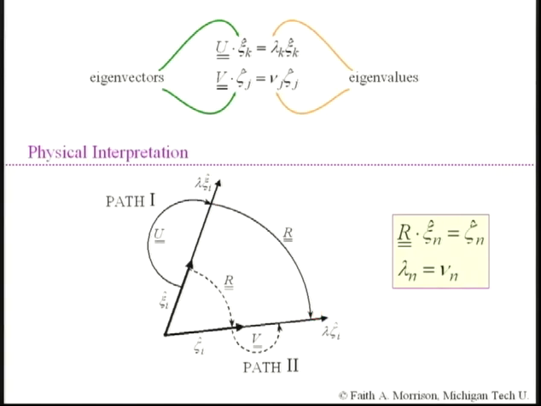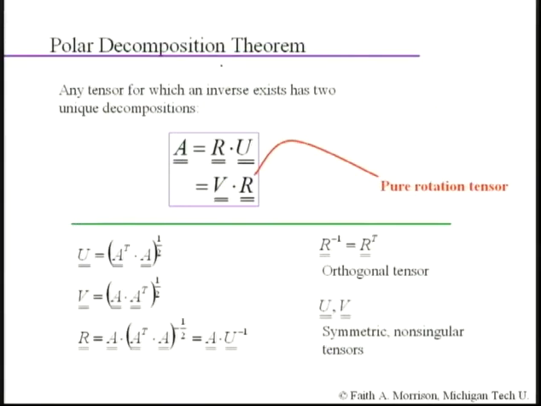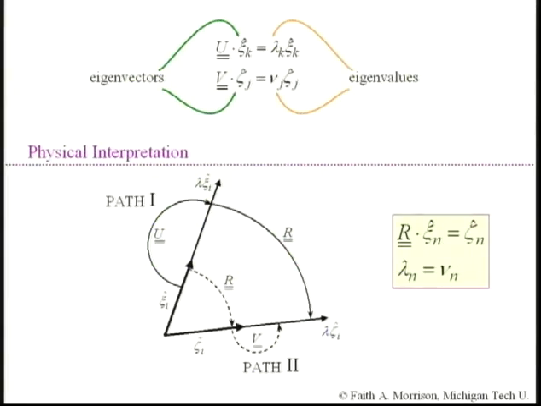Now, we have two of these stretch tensors going back here to the polar decomposition. We could decompose it two different ways. One is the left stretch tensor, one is the right. And it turns out that their eigenvalues are related to each other, so they don't do anything different, as they really shouldn't, because they're both characteristic of the same deformation. The only difference between using the eigenvectors of V or U and its eigenvectors is whether you rotate first or stretch first.